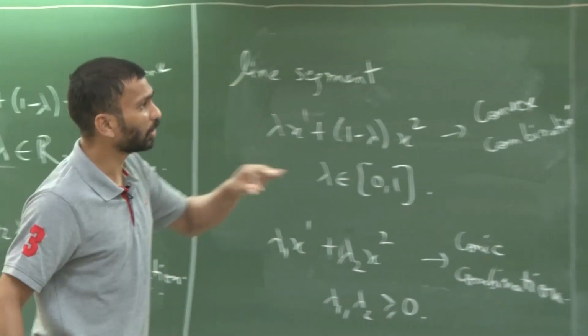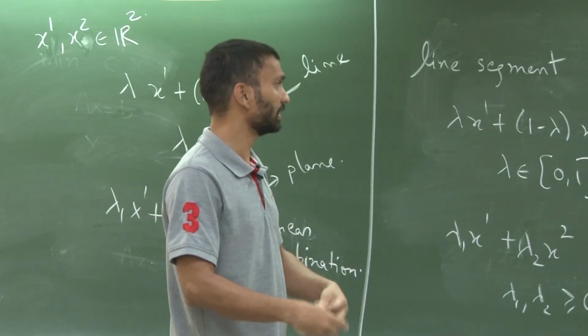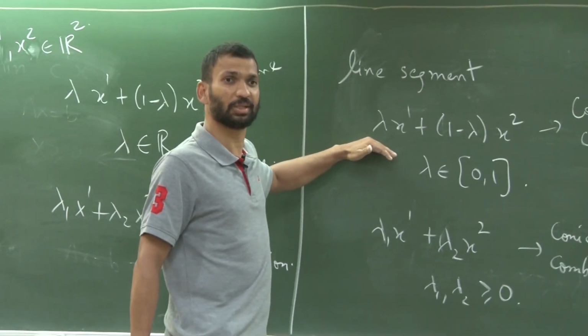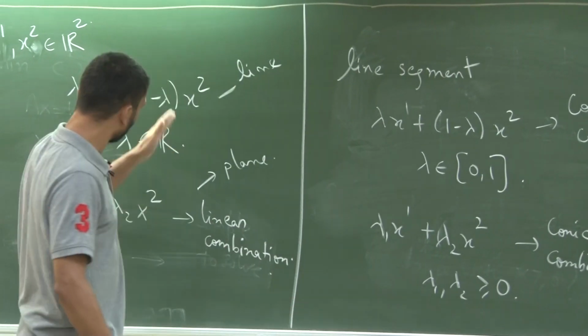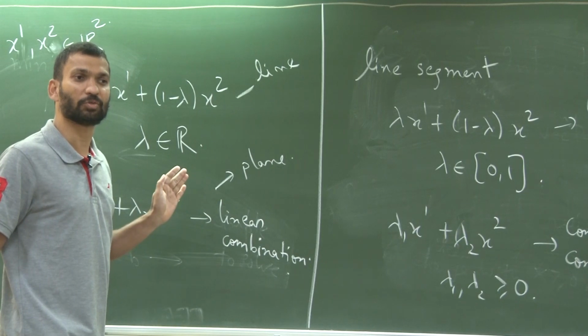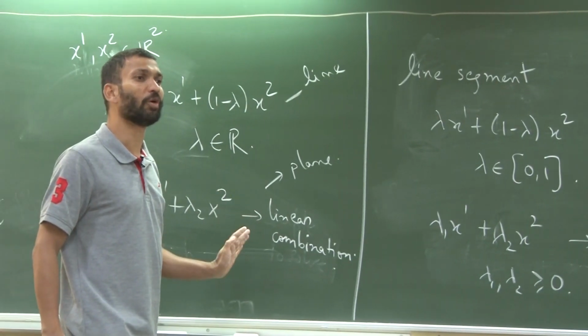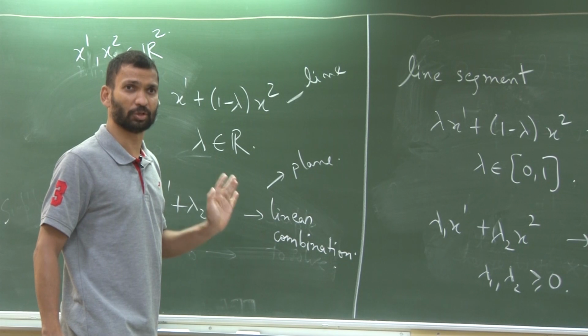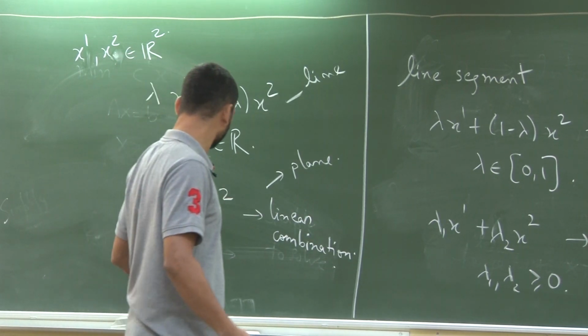And now, because I talked about convexity theory, convex sets and everything, it seems like this is the most important thing. But I assure you, all 4 are going to be important for us. All 4 kinds of combinations are going to be useful for our study of linear programs.